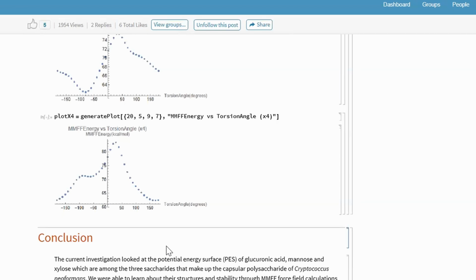And there are not really effective drug targets for it. By looking at the capsular polysaccharide, which plays a really important role in its defense against the human immune system, we can potentially identify drug targets and specifically identify compounds that could target the capsular polysaccharide, leading to antifungal agents.